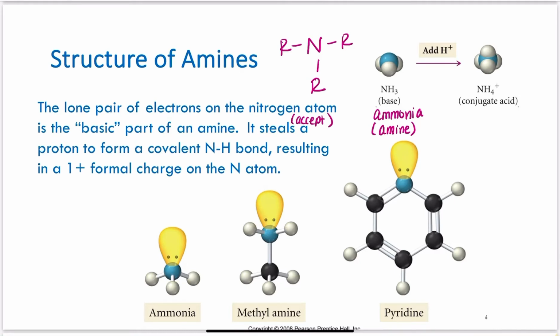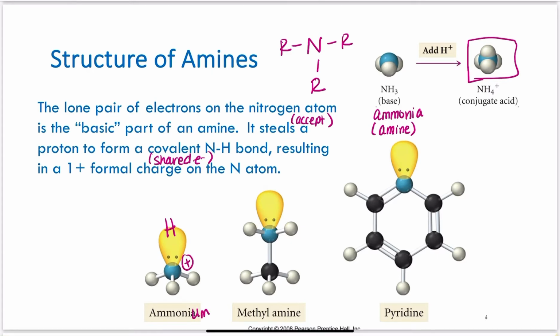from a different species. So it steals a proton to form a covalent bond, meaning shared electrons, that results in a +1 formal charge on the nitrogen atom. We have a +1 charge now. Ammonia will accept a proton here, forming ammonium, and this will be a plus charge.